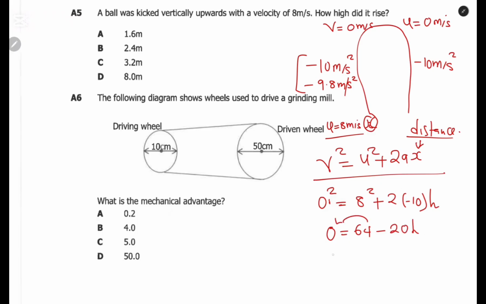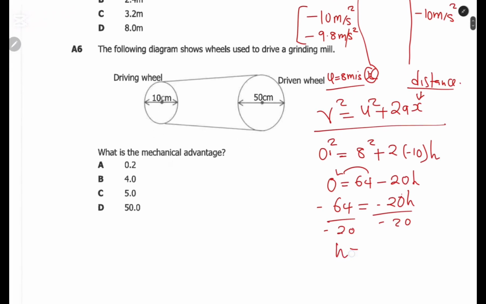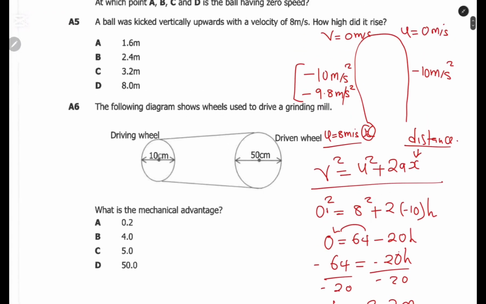We can bring 64 to the other side, so negative 64 equals negative 20 h. We divide both sides by negative 20, and therefore h, which is the height, is 64 divided by 20, which gives us 3.2. In this case the unit is meters. Okay, so this is the answer that we are looking for, and therefore the answer is C.